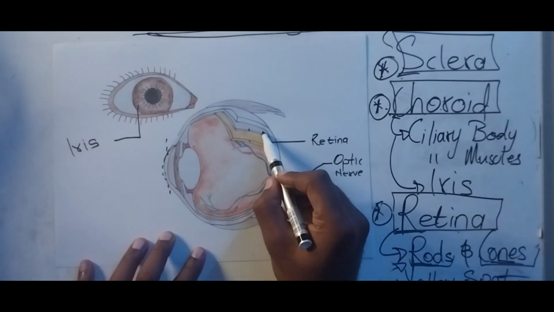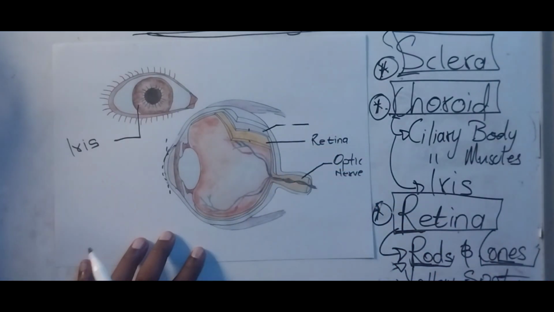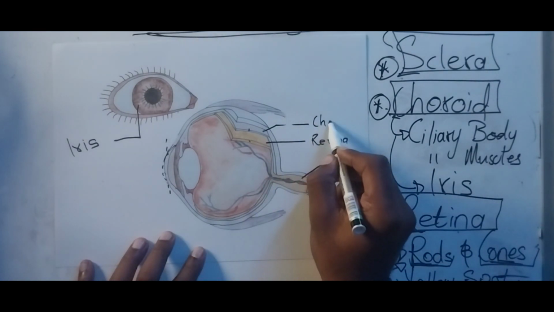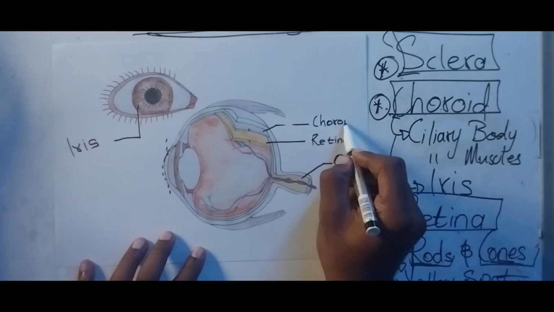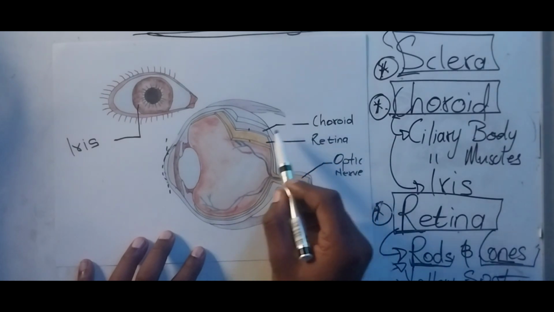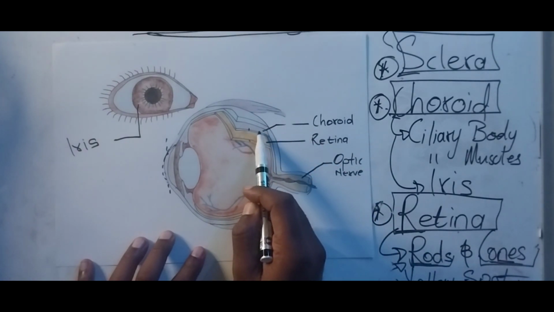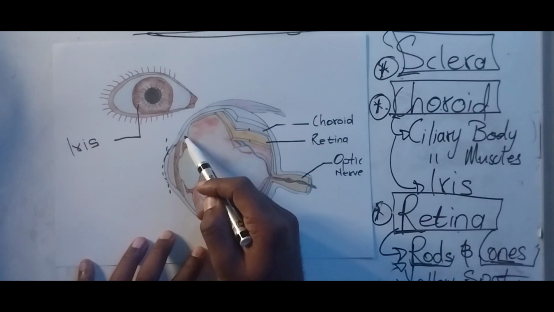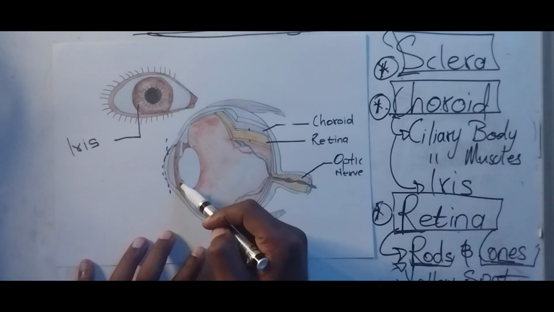The purple one is the choroid. The choroid has pigment inside, melanin pigment, so that it can trap light. This choroid also gives rise to the ciliary body, ciliary muscle, and the iris.